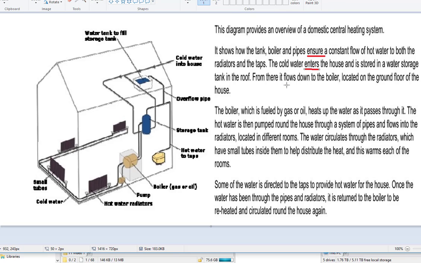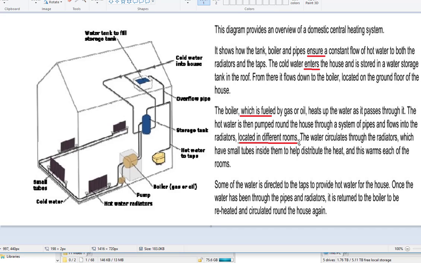Enters the house. From there it flows down. Boiler located on, okay. Which is fueled, okay. Which. Pump around the house through a system of pipes and flows into it located in different rooms.